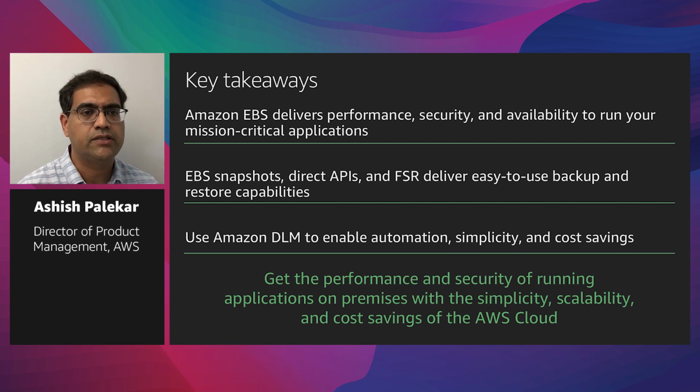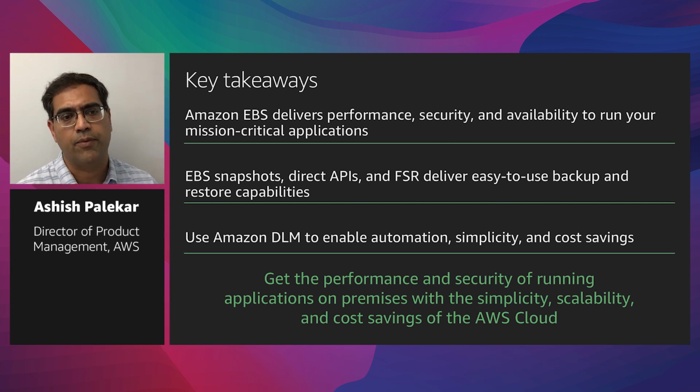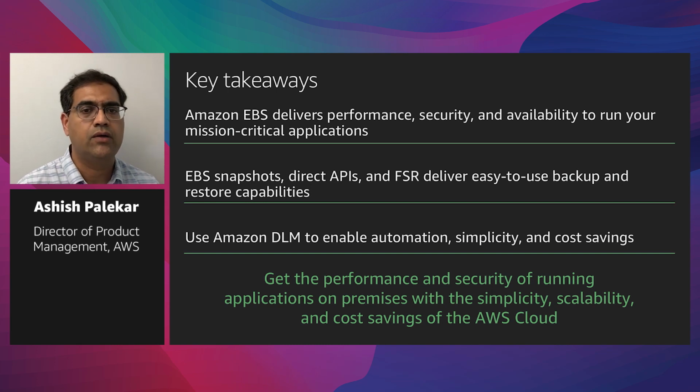When you think about snapshots, think about direct APIs, think about fast snapshot restore for easy backup and restore capabilities. When you think about Data Lifecycle Manager, think about how to enable automation and retention of your snapshots, all the while taking on additional cost savings for your infrastructure.